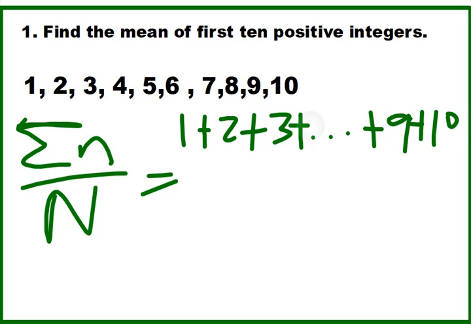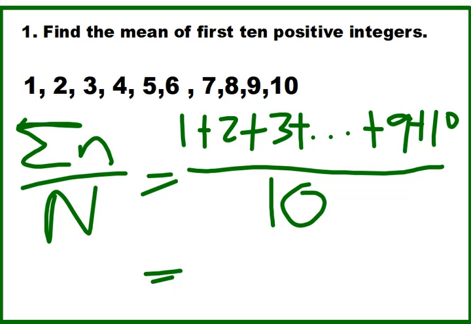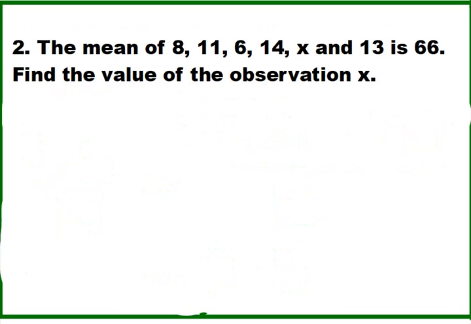I put these ellipses to show that there are numbers missing, but we include them all, over 1, 2, 3, 4, 5, 6, 7, 8, 9, 10. That's 10 numbers, so our big N is 10. So our answer is 5.5. Let's move on to the next question.